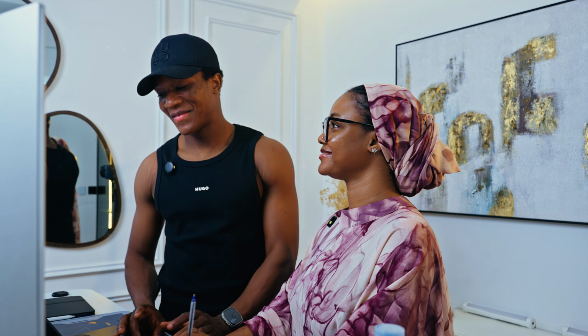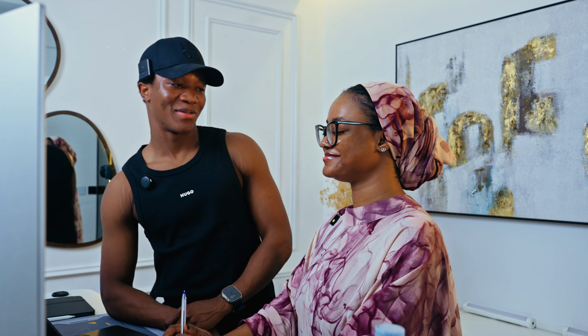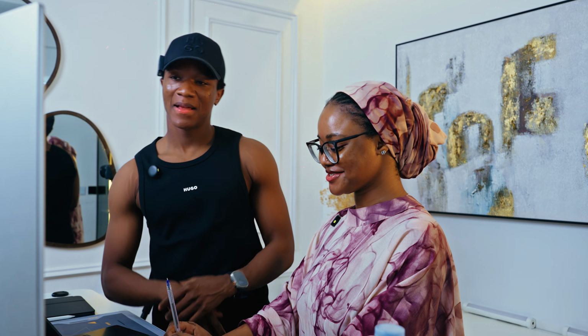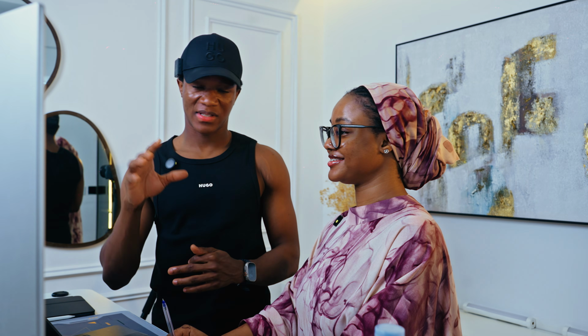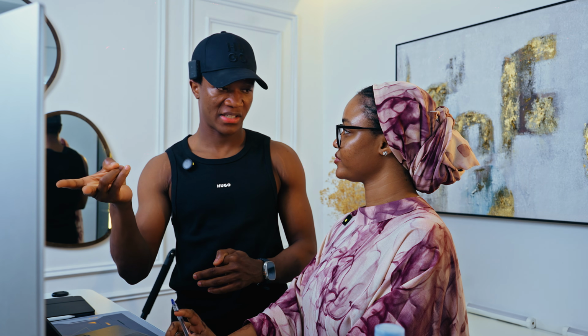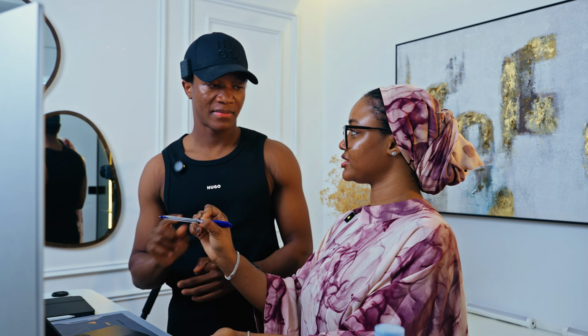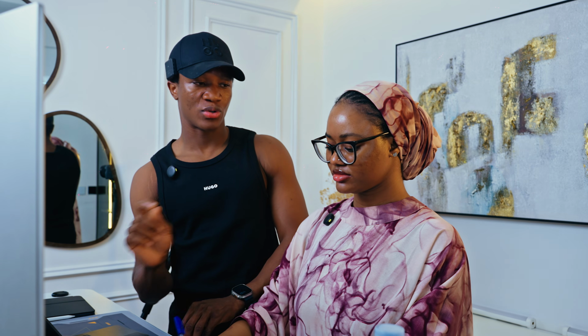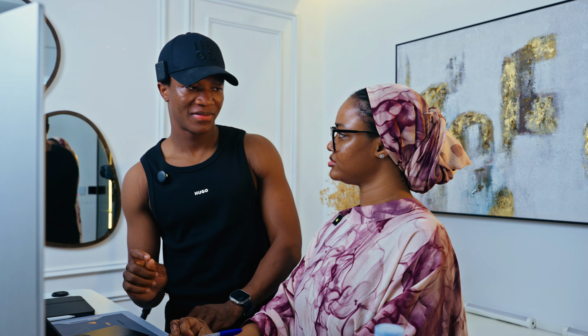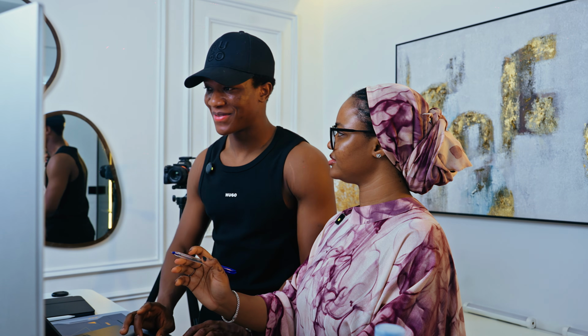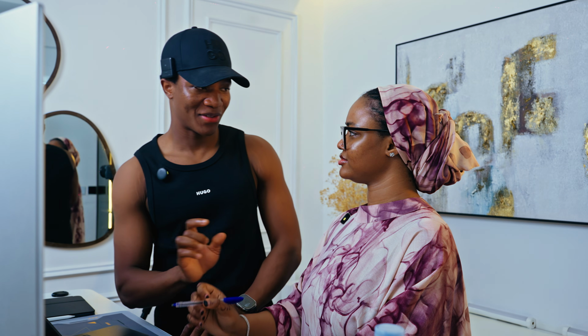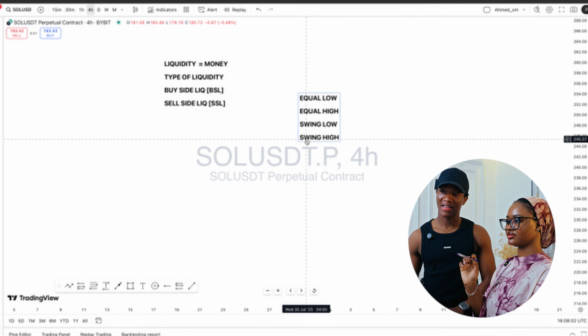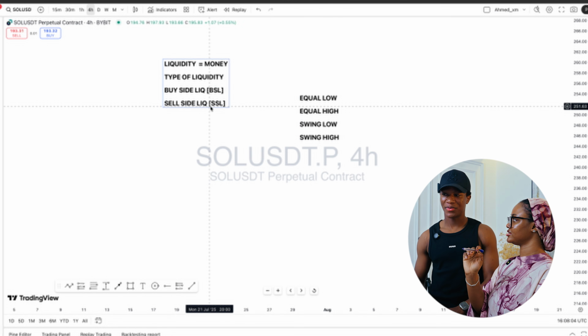Now, equal highs and equal lows. If you see equal lows on the chart, lows that are equal to the downside, that is an example of sell-side liquidity.